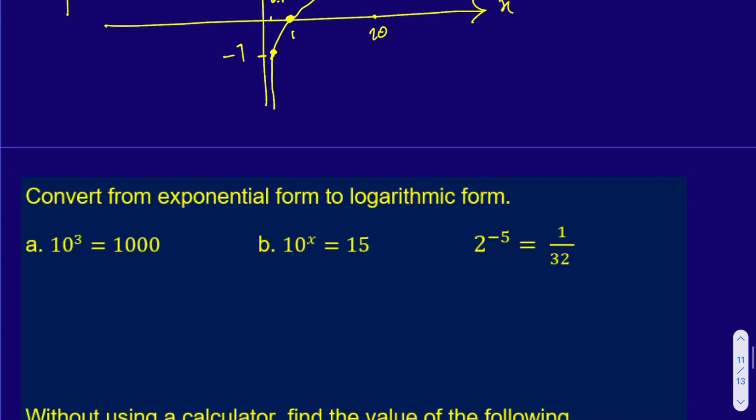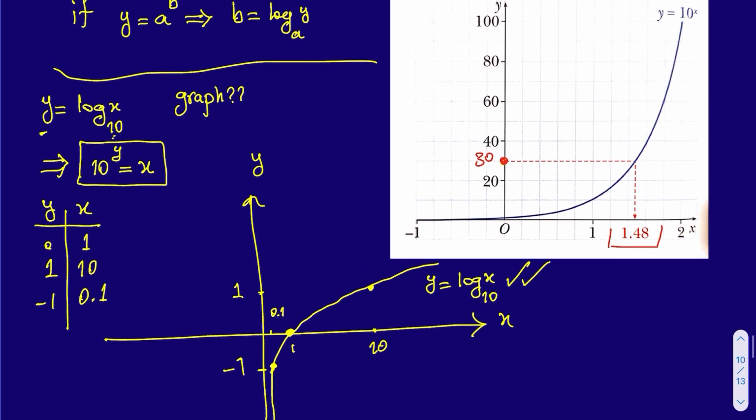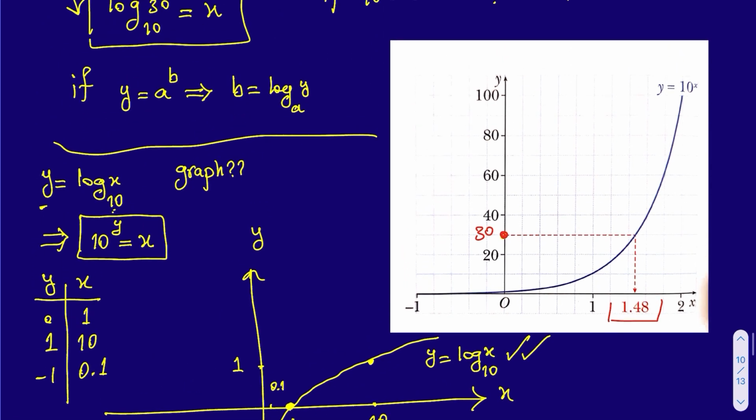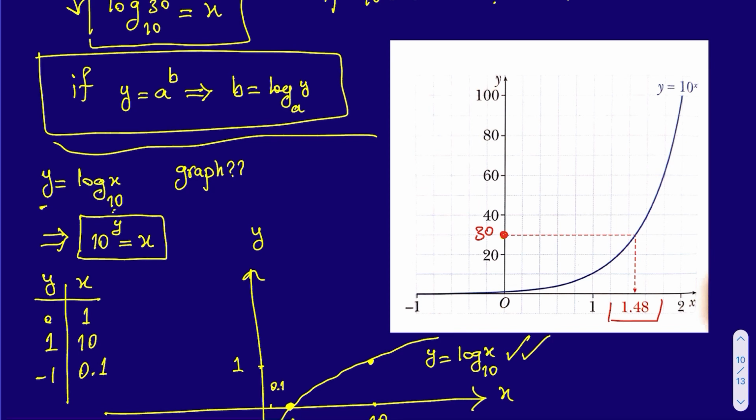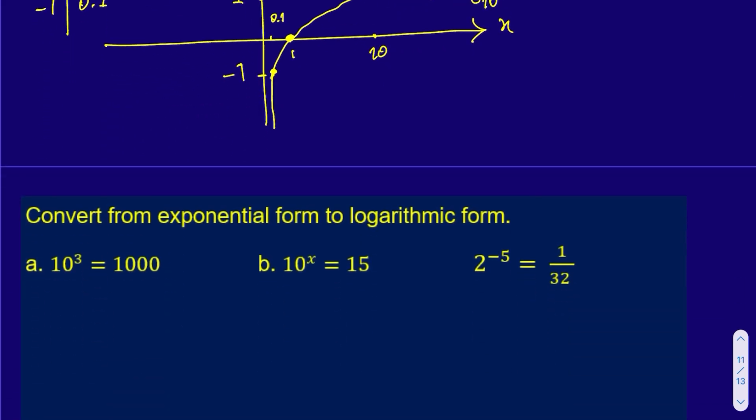We need to convert this exponential. You see there are 3 exponential functions and we need to convert them to logarithmic form. Again, from the relationship that we learned above, we need to use this rule to convert these exponential functions to logarithmic form.